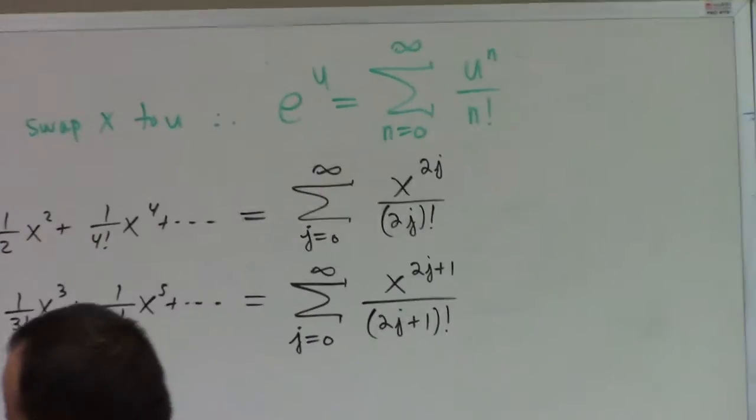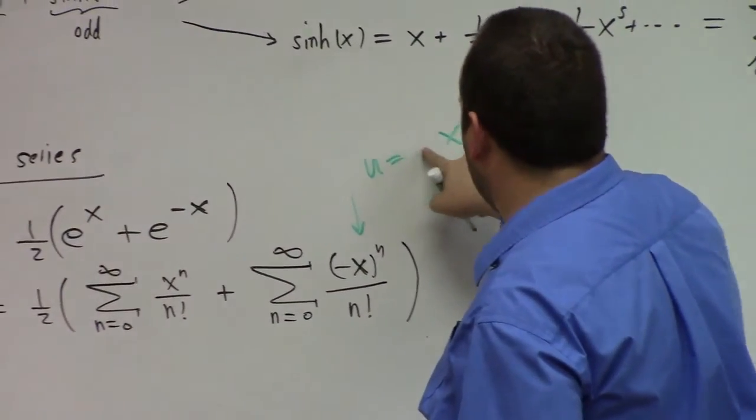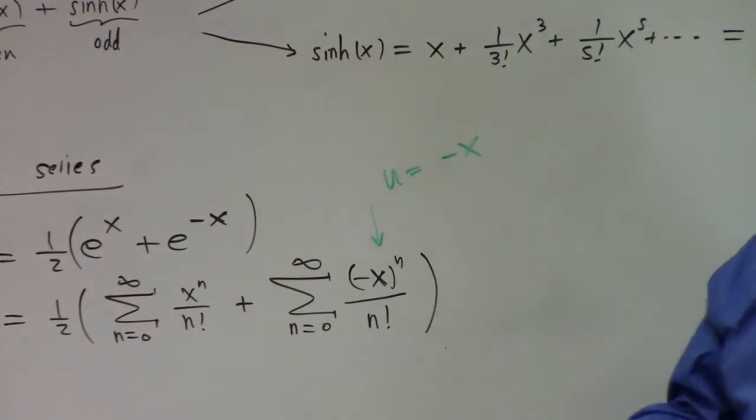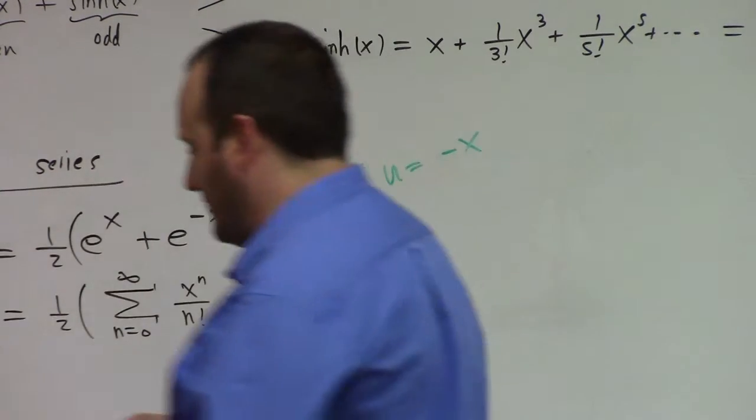So here, I made a u equals minus x substitution to get the power series for e to the minus x. Substitution's a powerful principle. And so doing that, what happens to minus x to the n? How does that work out, algebra?